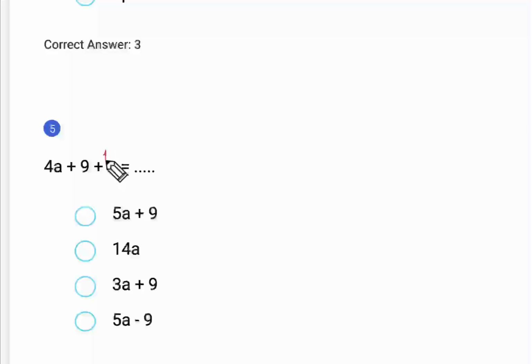At the a, we will put 1 here, the coefficient, okay. Yes. Then it will be 4 plus 1a, it will be 5a. Then it will be 5a plus 9. Exactly, thank you, Muhammad. So the expression is 5a plus 9, this one.